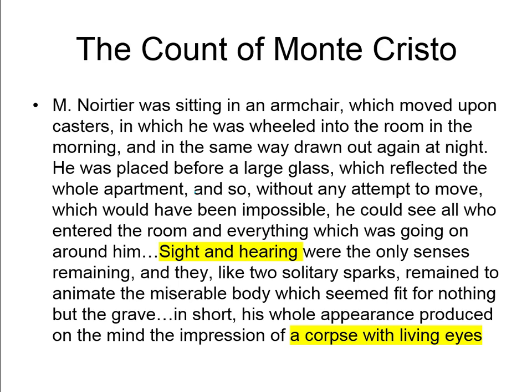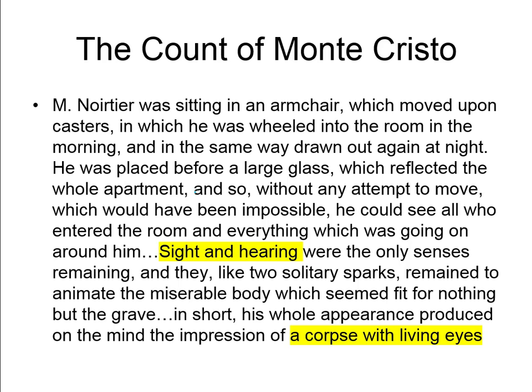People here read The Count of Monte Cristo? So there's this wonderful description. "Monsieur Noirtier was sitting in an armchair which moved upon casters," so he's essentially in a full-body wheelchair, "in which he was wheeled into the room in the morning and the same way drawn out again at night.